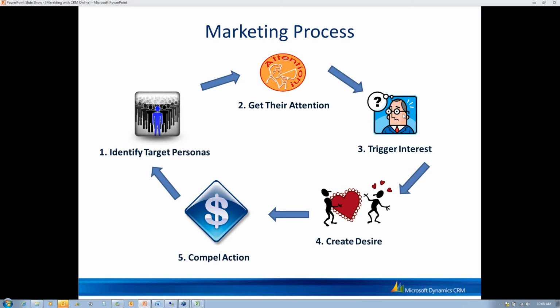Then I need to create some desire. Sorry, the create desire, typically I do demonstrations, have conversations, do speaking engagements, that sort of thing. And then of course number 5 is a compel to action, and then we try to repeat that over and over again.